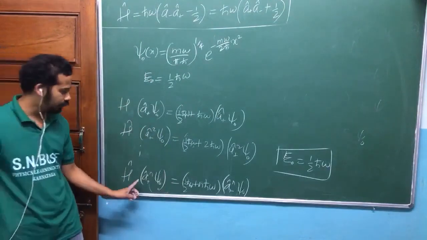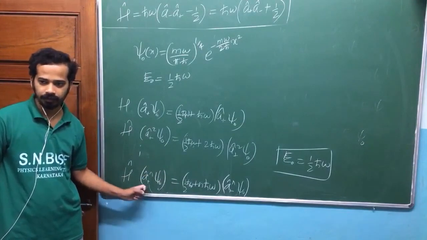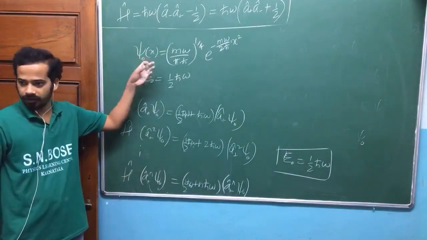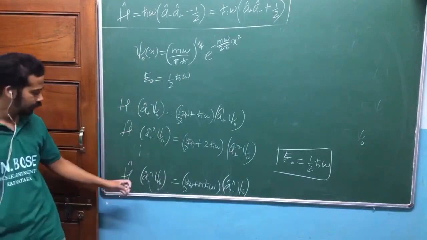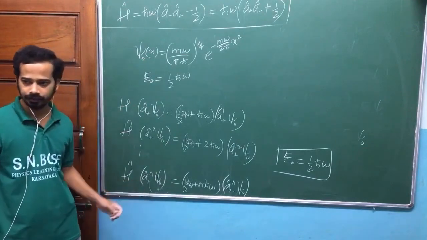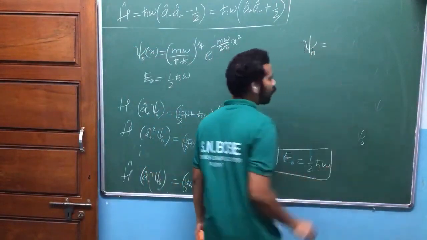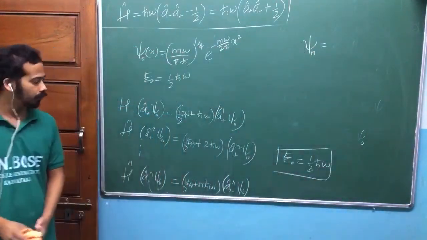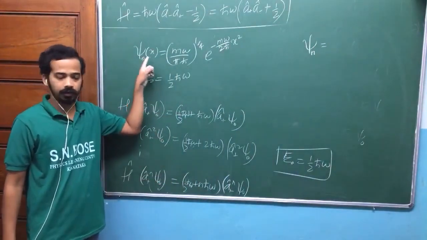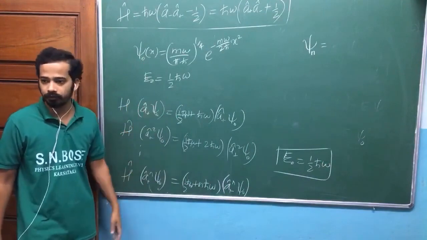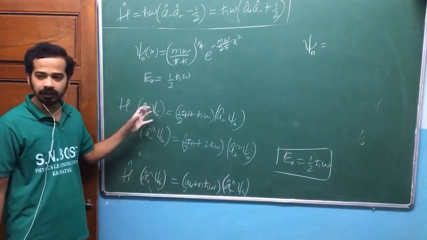Now I call this one the nth state. I call this one the zeroth state. Zeroth, not zero, zeroth state. I write that nth state as psi n is equal to, I should put some constant, because we don't know after operation of this one, this was normalized, isn't it? Once you operate a plus, we don't know what would happen. After operation it need not be normalized.